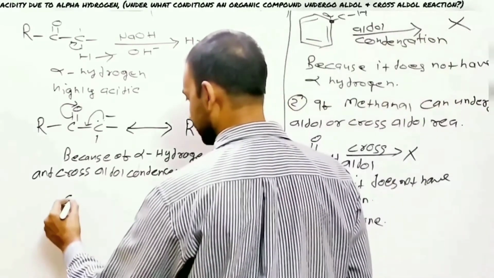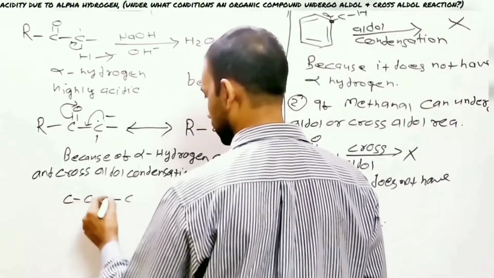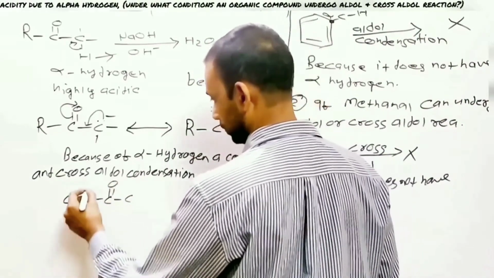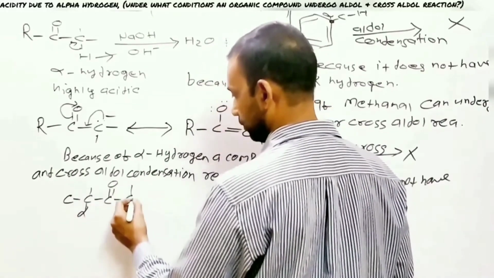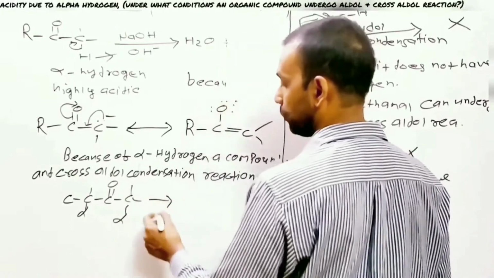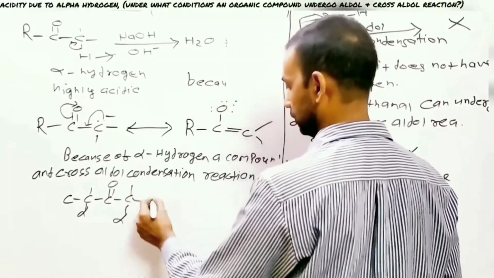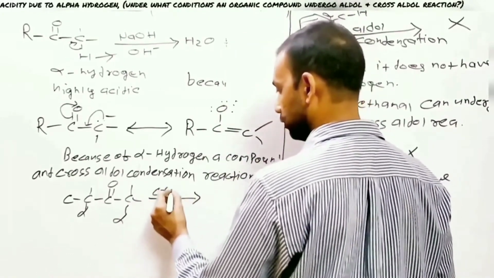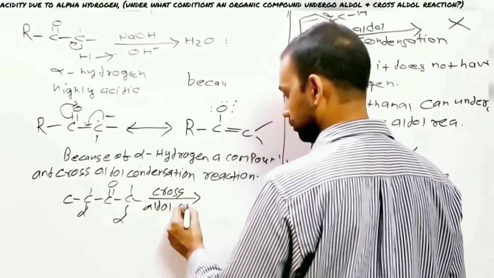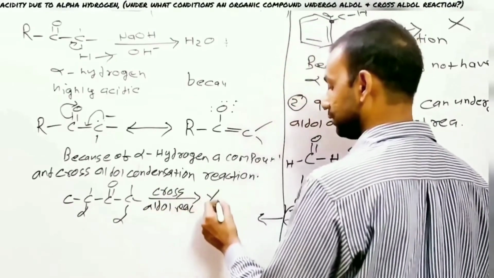So butane 2-one has a structure of this one, right? Now what you see is that there are alpha hydrogens here, right? Because it has alpha hydrogen, it will undergo cross aldol reaction. The answer is yes.